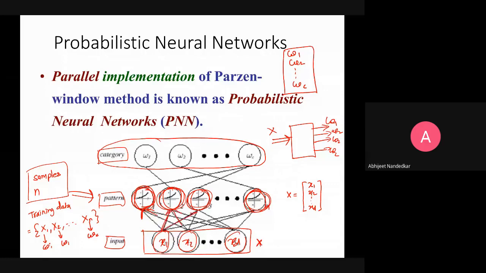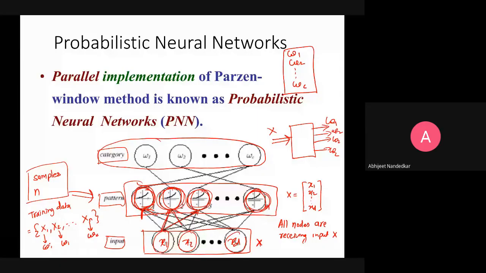So all nodes are receiving input x. This middle layer you can call a pattern layer or a neuron layer. There will be one activation function for this node that we will discuss in the next slide.